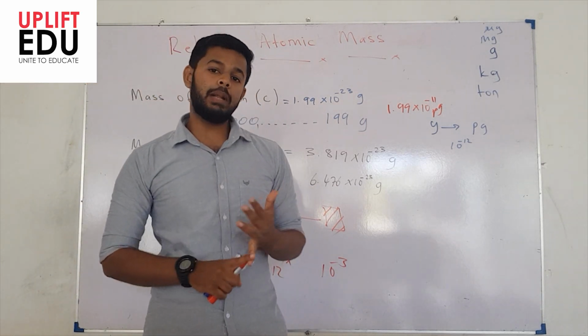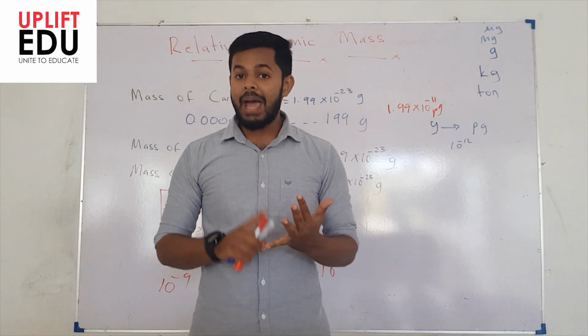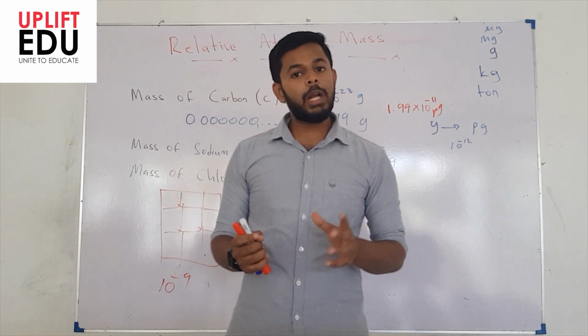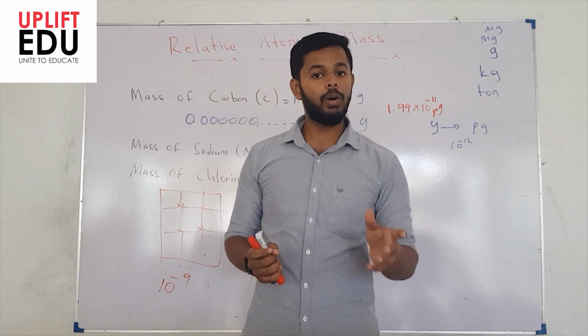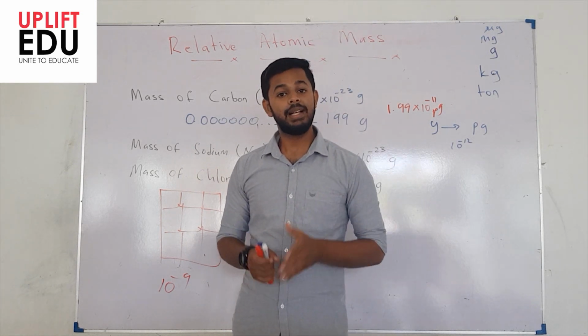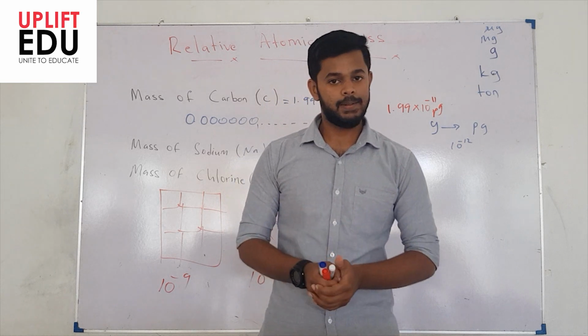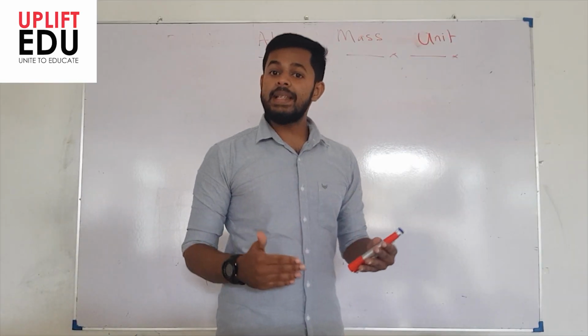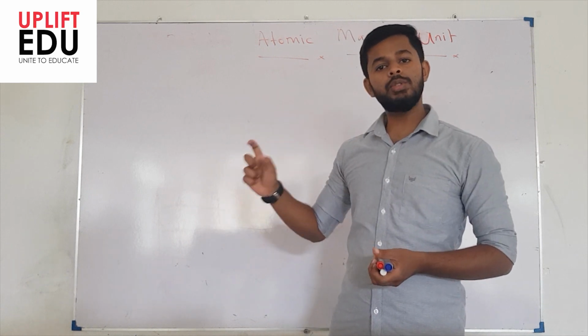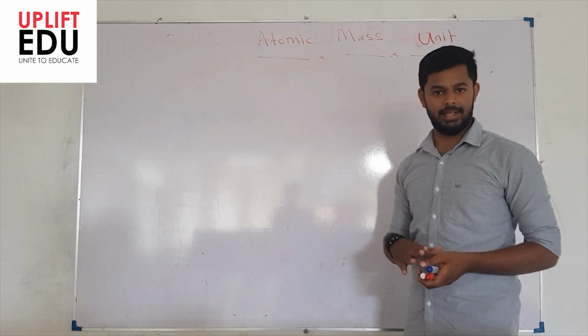So, relative atomic mass is expressing the mass of an atom with respect to a certain constant unit. In here, the unit is the atomic mass unit. So expressing the mass of an atom relative to a unit is called the relative atomic mass, right?